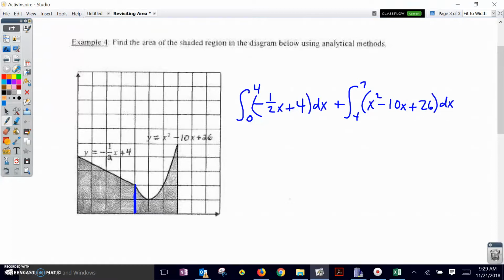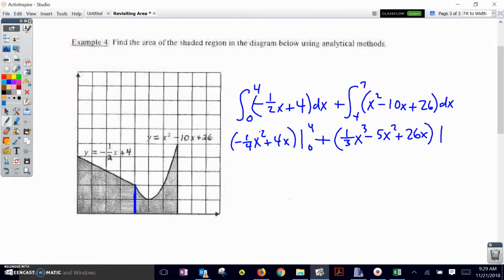And I'm supposed to do this analytically, so I'm going to go ahead and find these antiderivatives by hand. And the calculation here is going to get a little bit ugly for us.